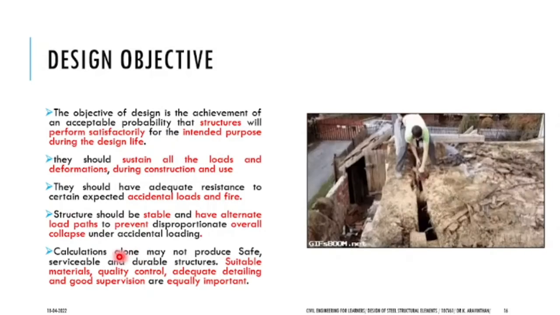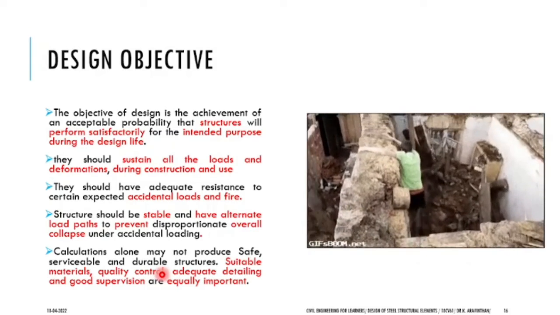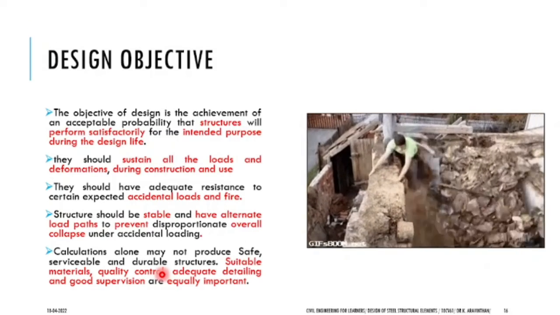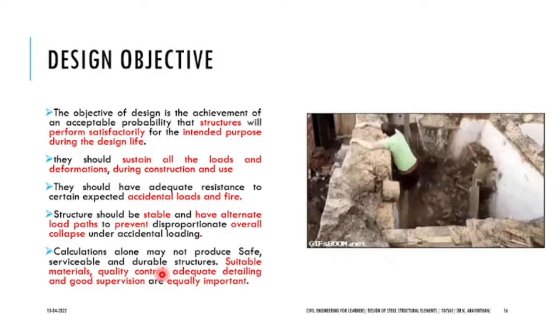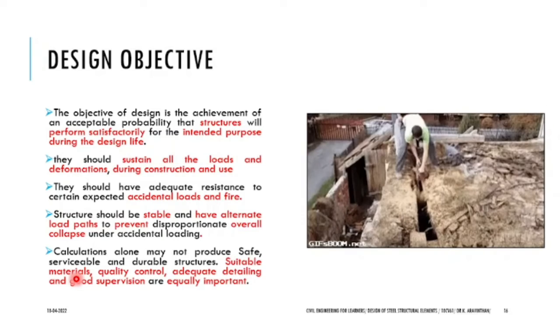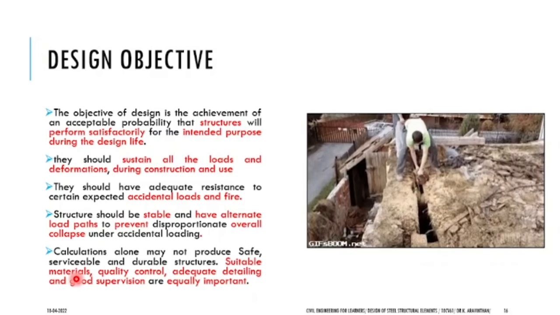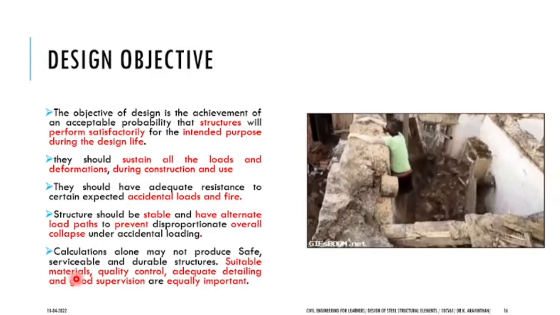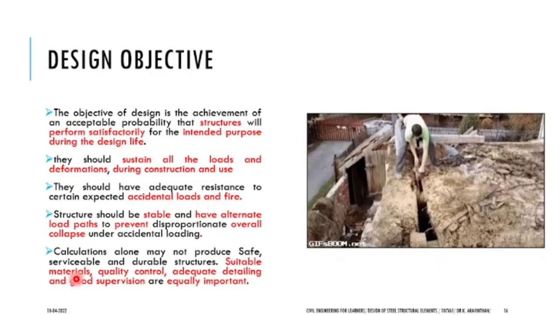And you might be a very good designer. You might be giving a very good design for your building. But other factors are also important. What are they? Suitable material. If in a structural design report I am giving that M20 grade of concrete should be used, OPC 43 grade should be used, I am indicating that.